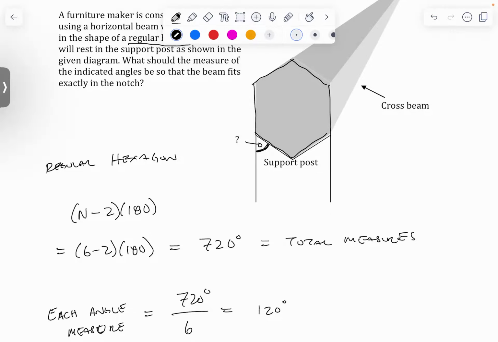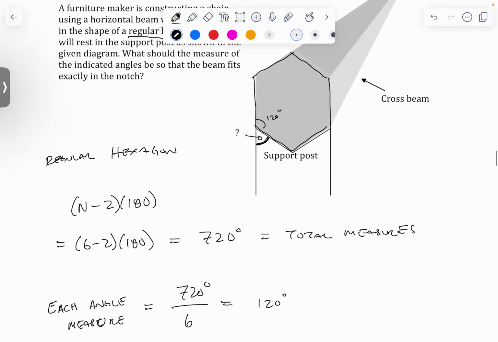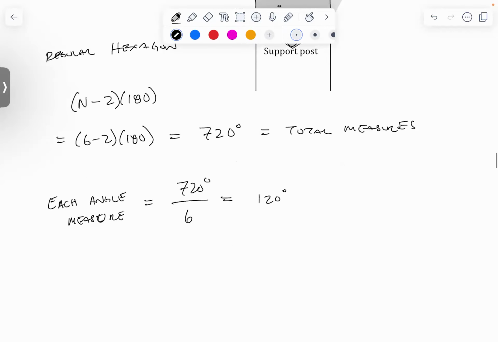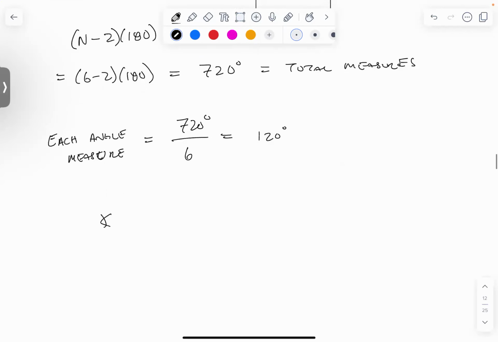Now, if each angle is 120 degrees, that means the cross beam and the support post, the two of those angles there form a straight line and hence are supplementary angles. That means what we are calling angle question mark plus 120 degrees equals 180 degrees.